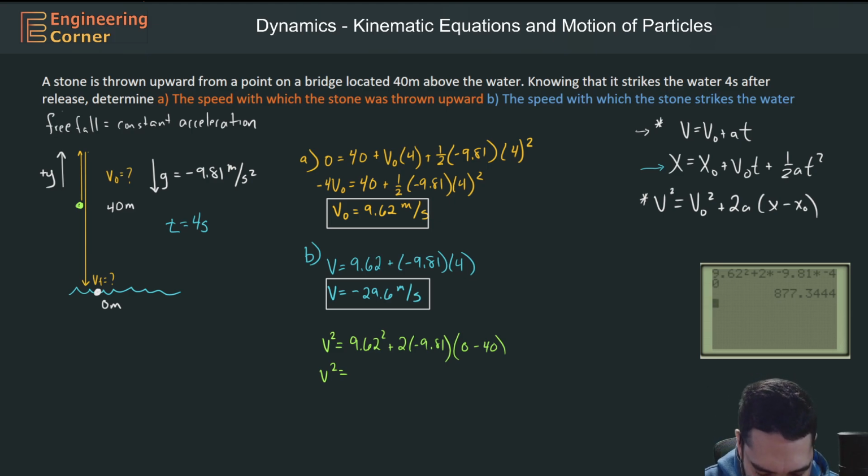So you get this velocity squared is equal to 877.34. And now we have to take the square root. So when we take the square root of this number, it is going to be equal to 29.62.